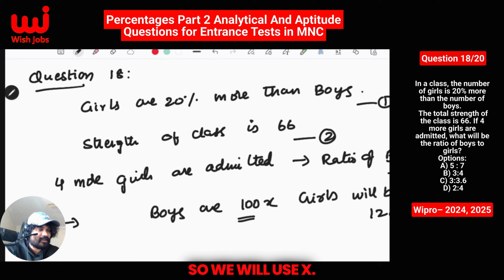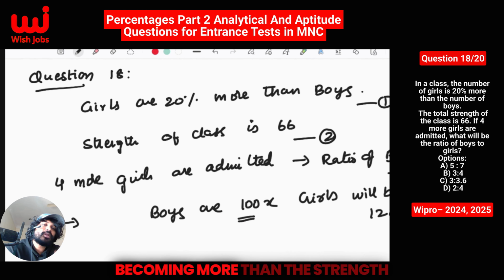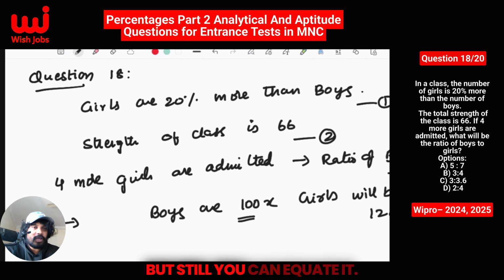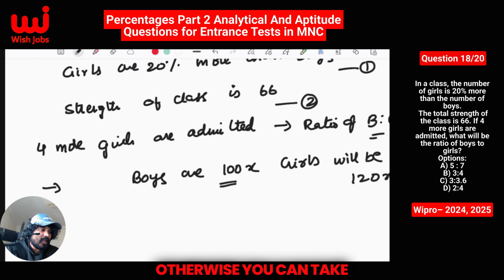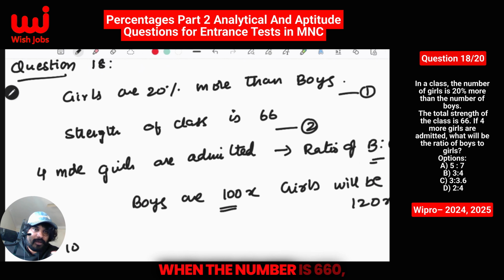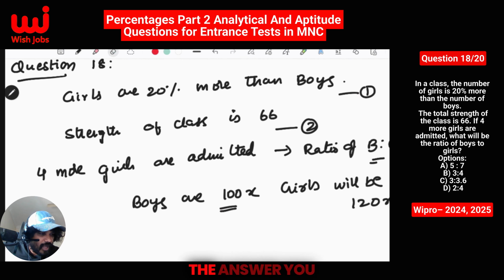The number itself is becoming more than the strength of the class, but you can still equate it; you'll get some fractions to calculate. Otherwise, you can take 10x and 12x. When the strength is a 2-digit number, try to take a 2-digit number, but we'll still do it with 3 digits, not an issue. The answer you get is the same.